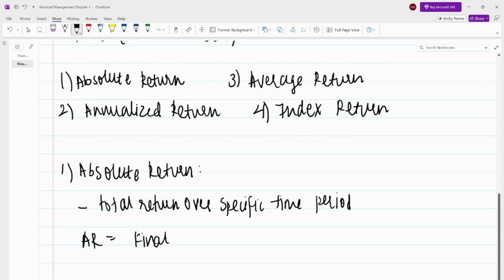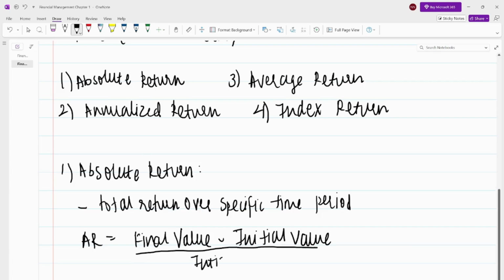Basically it is final value minus initial value, upon the initial value, into 100.